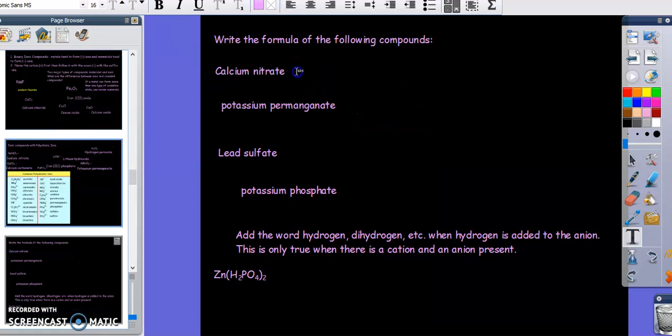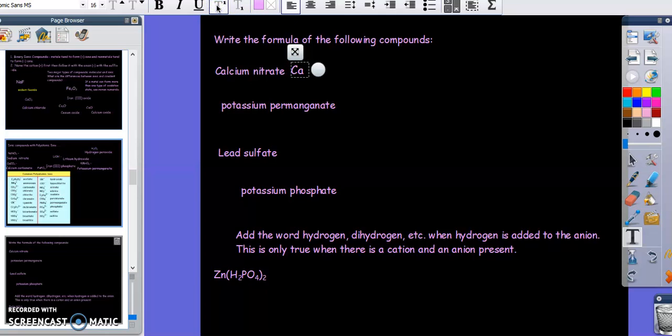Now for this next slide, we have to write the formula, and my formula is going to be a little bit screwy just because of exponents, and I'm hoping that it'll show up on here. They give me the name of the compound, calcium nitrate. So I'm going to write Ca, and I know that Ca has a +2.